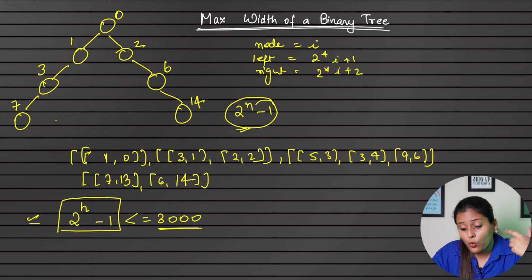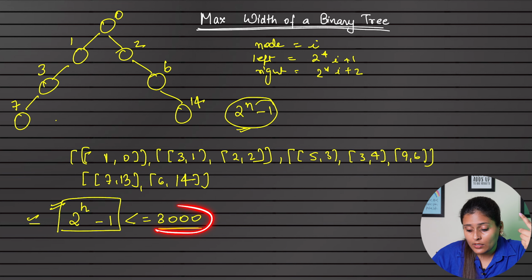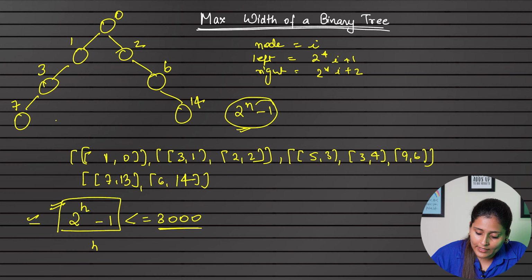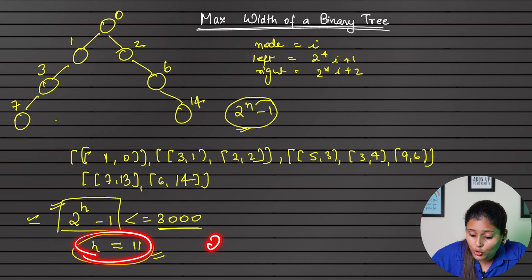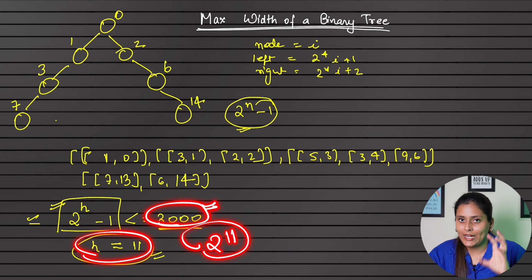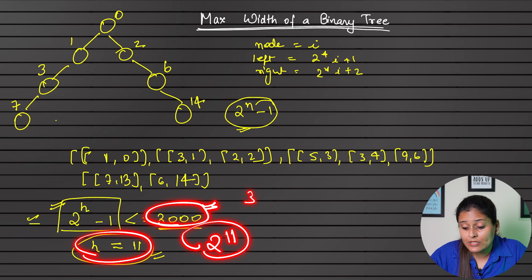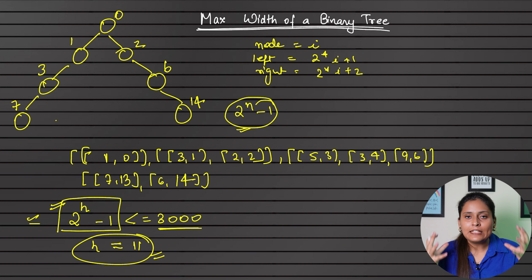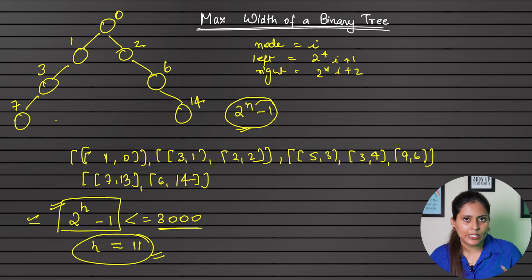So let's find the maximum height where the number of nodes can go till 3000. If you calculate, the h will come to around 11. Means for 2 power 11, 3000 nodes can be adjusted. 3000 nodes means 3000 indexes also we have to assign. So 2 power 11, an integer can hold it, so it's totally safe.